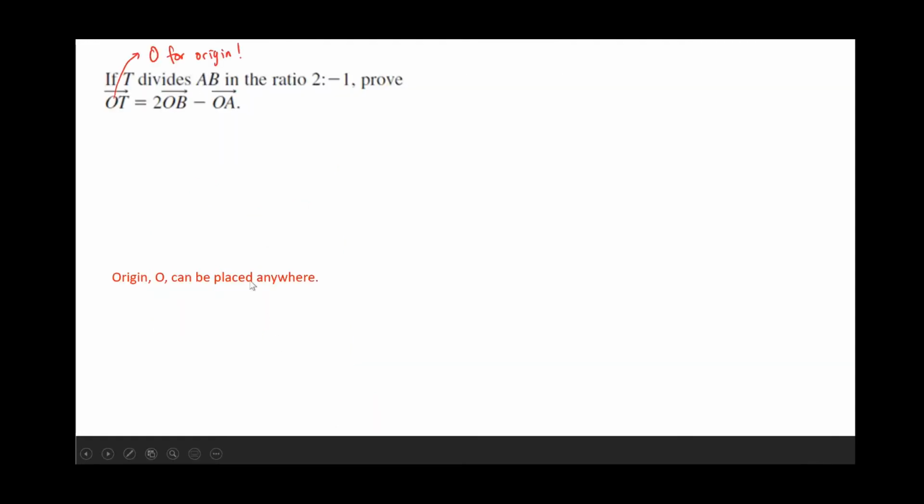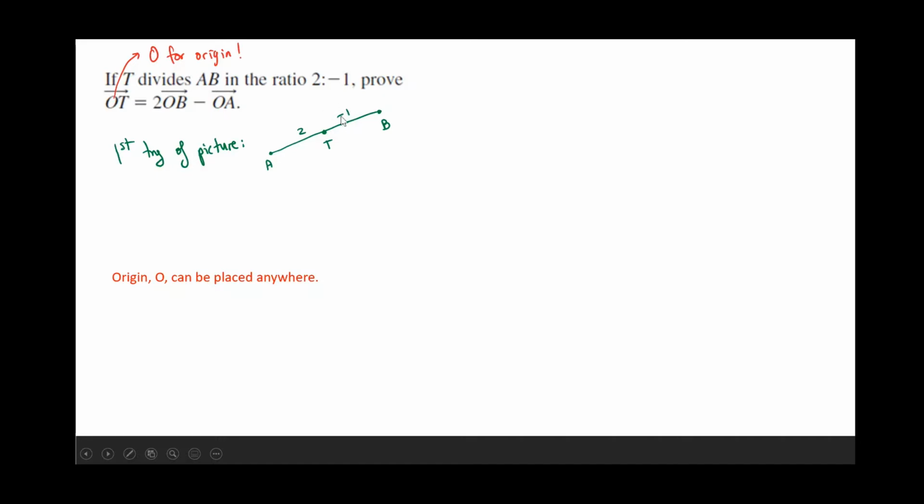One more example. If T divides AB in a ratio of 2:(-1), prove the following relationship. So it's a little bit weird to have a negative in the ratio, but I'll show you how to think through it. So first of all, we're going to try a picture that's actually incorrect, just to talk through it. Whenever you're given a ratio, you could just put T in the middle, even though it might not be in the middle, and put the size 2 from A to T and -1 from T to B, because T divides AB in this ratio.